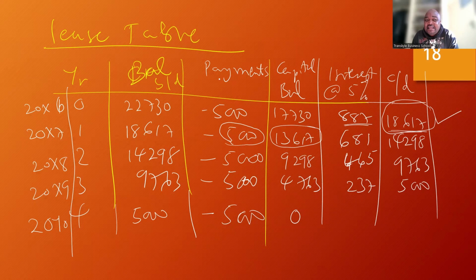So at the end of the first year, at reporting time, they would have this current liability of 5,000. They need to pay it within 1 year, and the 13,600 is a non-current liability.